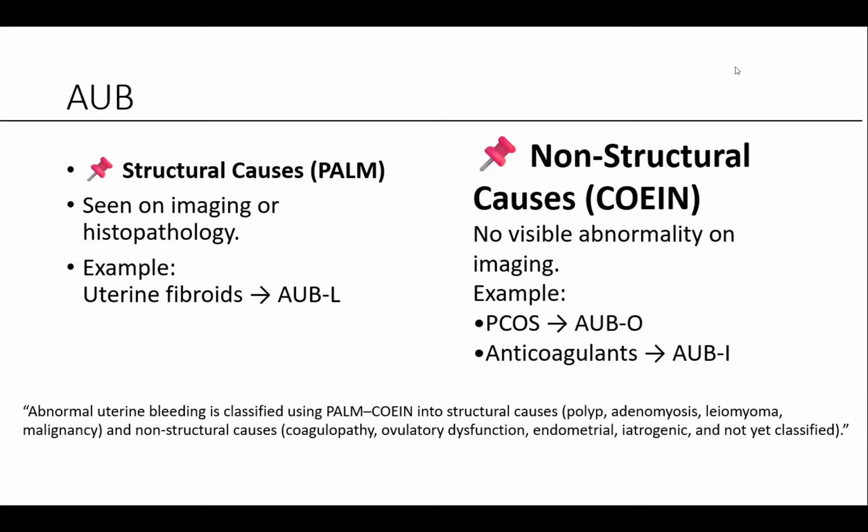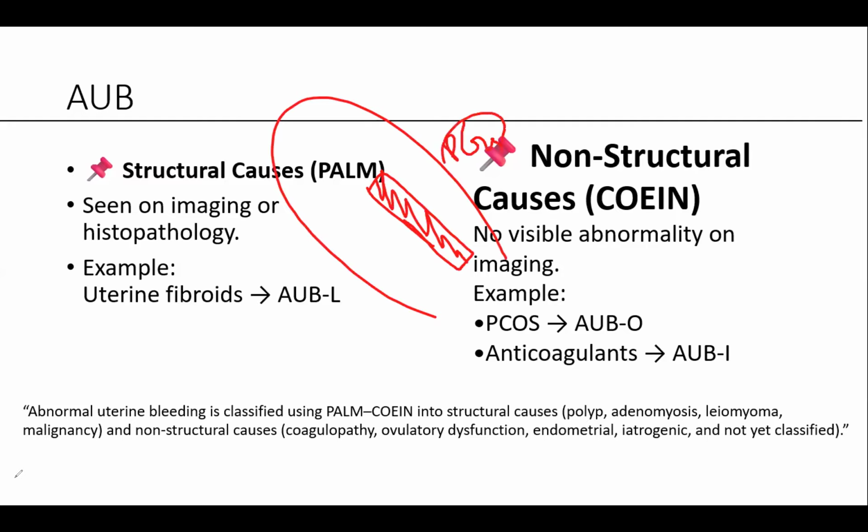So coming to E, the endometrial cause is a diagnosis of exclusion, because in every menstrual cycle there are certain changes that happen in the endometrium. That is the prostaglandin ratio.